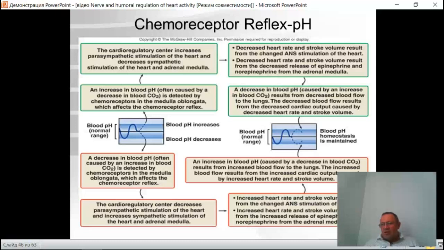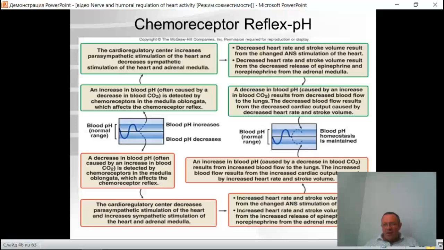The lower part shows the reaction of chemoreceptors to lower pH. Blood pH decrease. A decrease of blood pH starts regulation in the medulla oblongata and starts the chemoreceptor reflex.